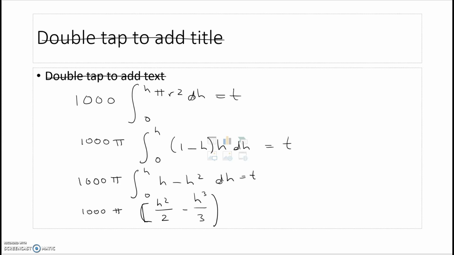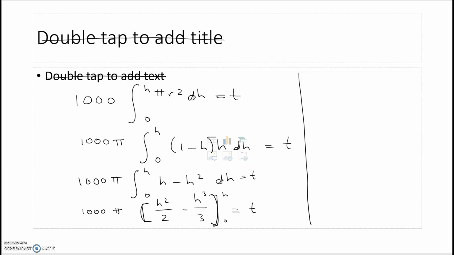And we integrate that between H and 0, but nothing changes as far as that's concerned.